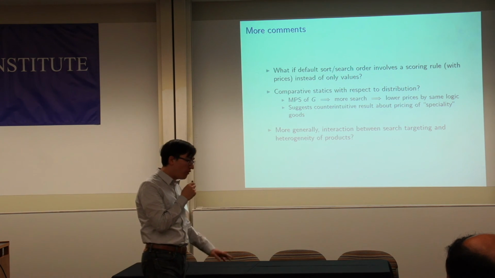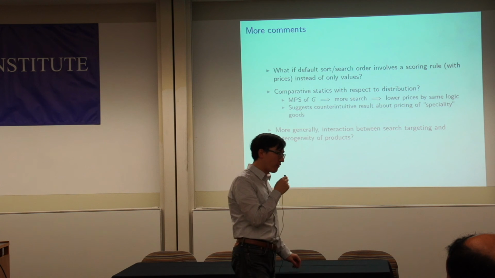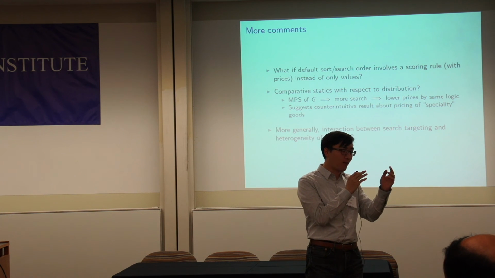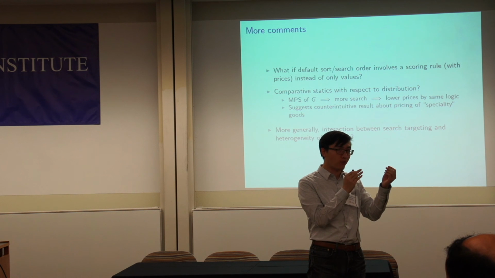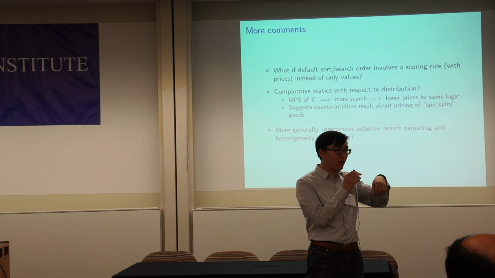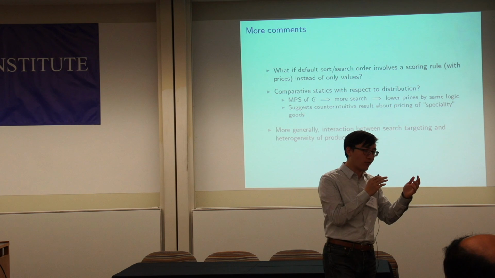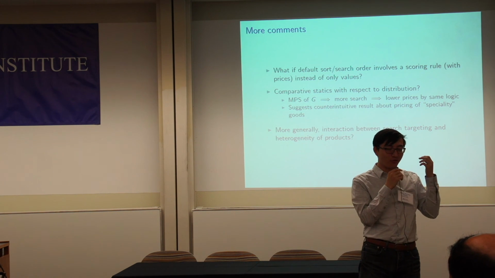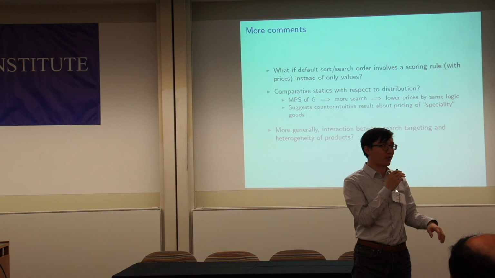One, if price matters a lot, in the sense that if two items are ex ante the same, but the one with the higher price will always be displayed later, then that's going to lead to Bertrand competition, which is going to drive price all the way down to marginal cost.